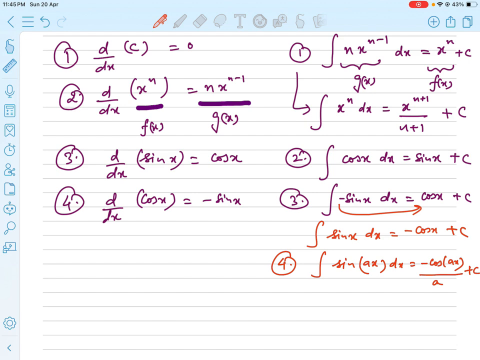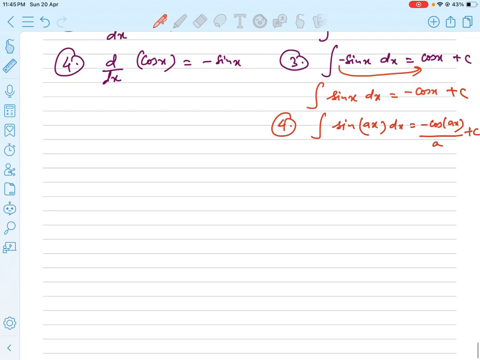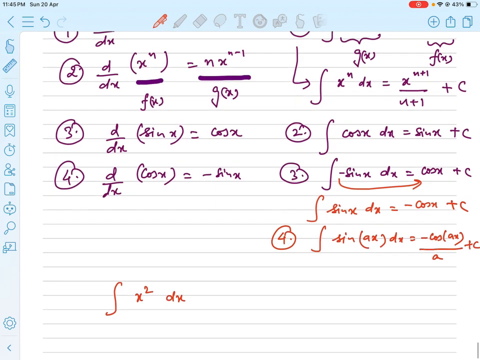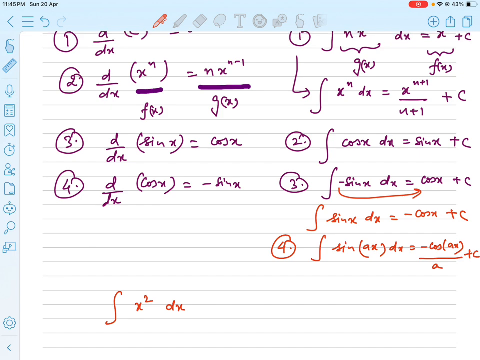So let's solve some questions based on this. Say I want to find out the integration of x square dx, right? So as we know, we can use here this modified formula number 1, x to the power n dx is x to the power n plus 1 over n plus 1 plus c.